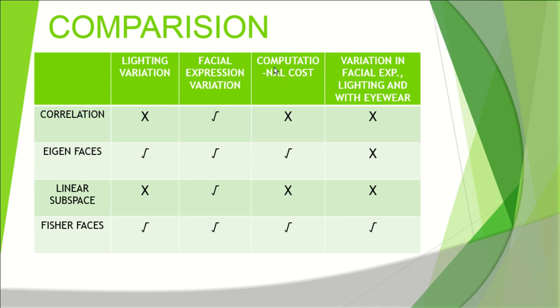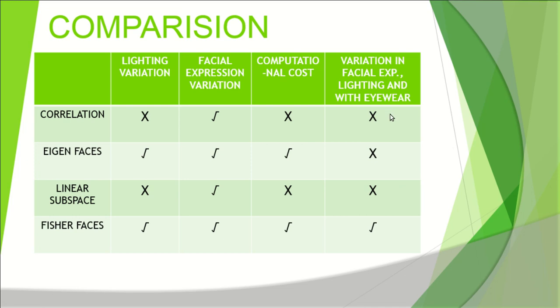Now coming to the computational cost, as we discussed previously, correlation and the linear subspace fail to perform well. It may also be noted that correlation and linear subspaces also occupy large space when compared to eigenfaces and the Fisher faces. And finally, a variation in facial expressions, lighting, and a minor occlusion such as eyewear is considered.